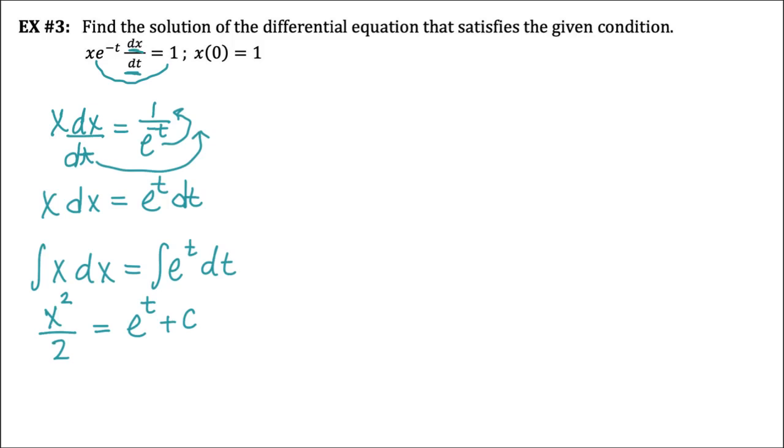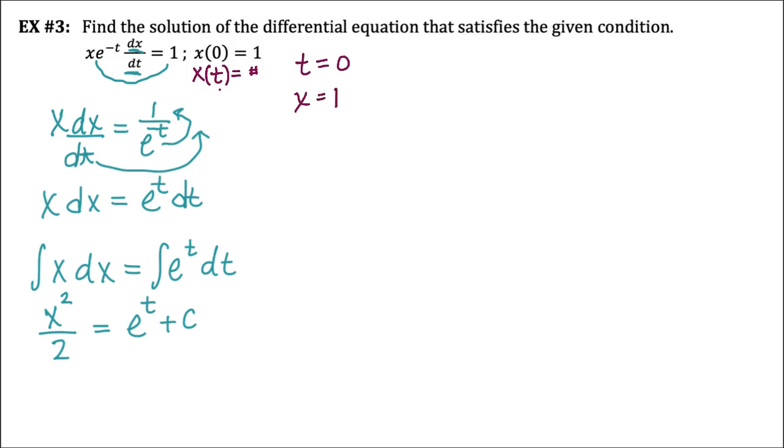All right, now let's go up to our given point and keep in mind that x is a function of t. This is the same thing as saying x at t equals some number here. So whenever you're looking at these different values down through here, this value t is going to be 0, and then your x value that's inside the equation there, that is going to be your 1.